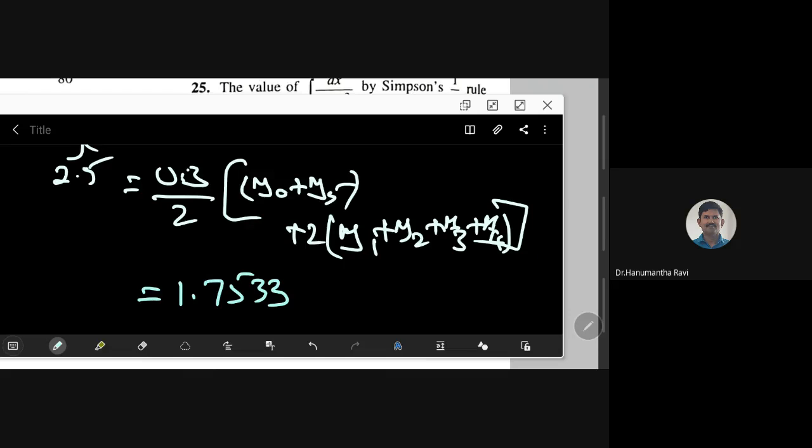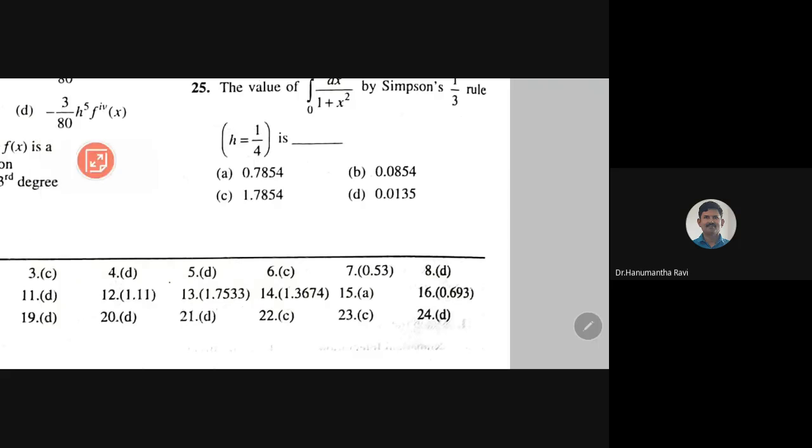So this is about numerical solutions to algebraic equations and numerical integration. These are the two topics I have covered so far. That's all for today.